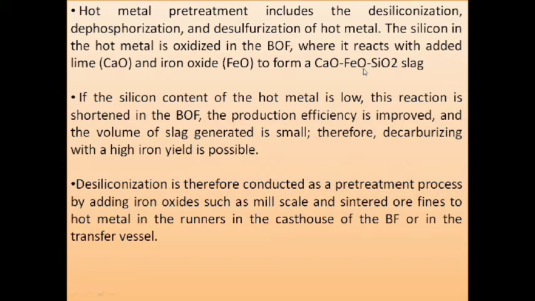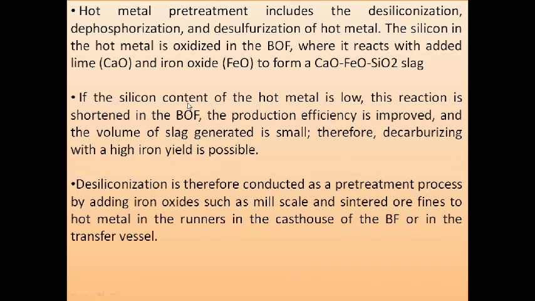This slag can be removed in the liquid state. If the silicon content of the hot metal is low, this reaction is shorter in the BOF. The production efficiency is improved and the volume of slag generated is small. Therefore, decarburizing with high iron yield is possible.